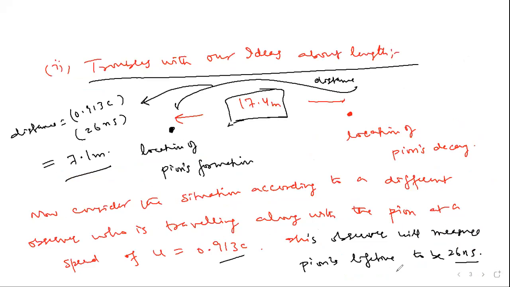Then we discussed the trouble with our idea about length. We saw in this experiment the distance between the location of pion formation and the location of pion decay.